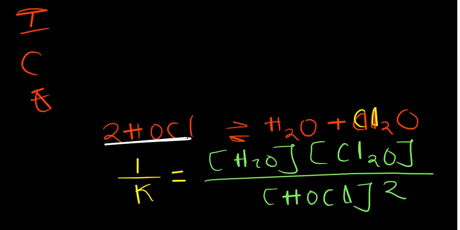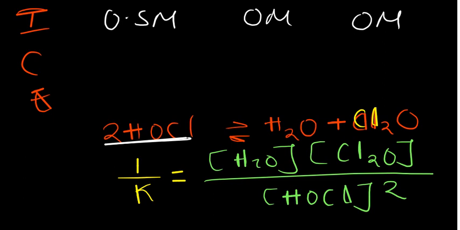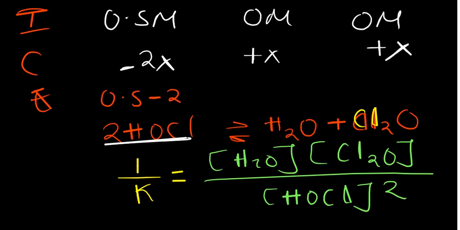So for the reactant, you're going to have 0.5. We didn't have anything of the products. The change here is minus 2x for the reactant, positive x for the products. So you have 0.5 minus 2x.